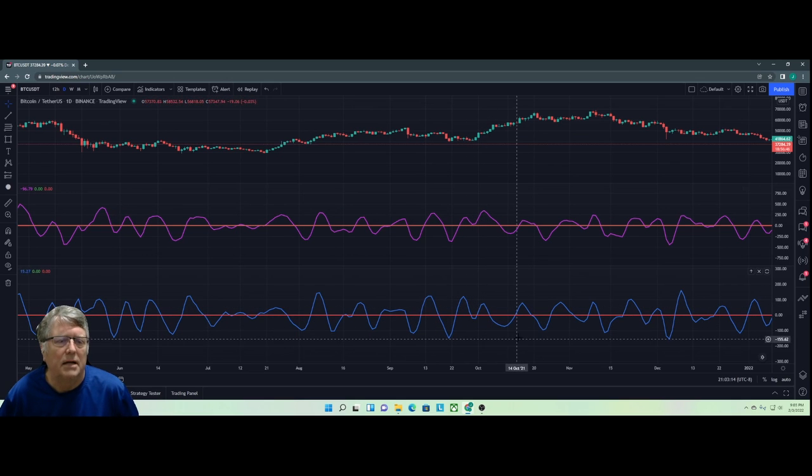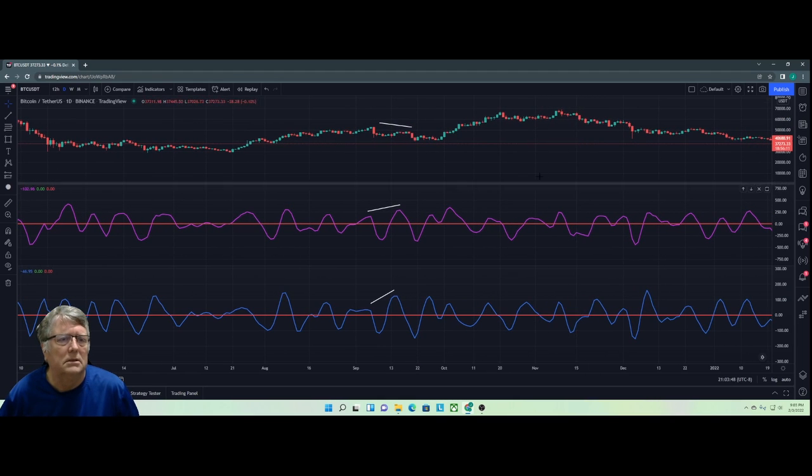But you get your back divergences I talked about, your front divergences as well here, and essentially the surge oscillator is more sensitive. That's what it really comes down to. For example, there's a spot where the acceleration oscillator had this slope here, but the surge had a very, very steep slope. So it's more sensitive when it came to the back divergences with price.